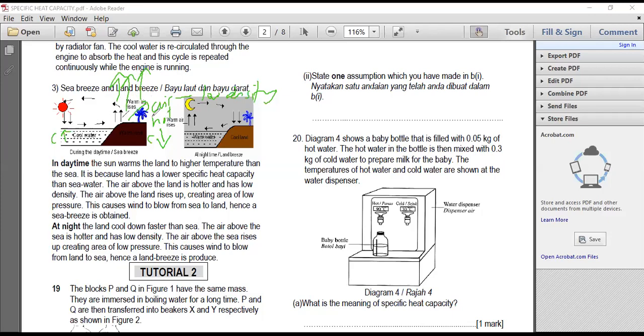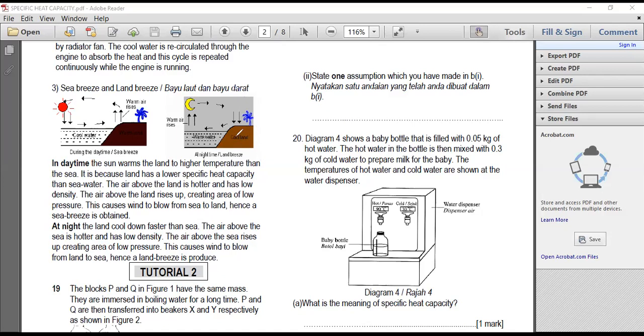Now during night time, what happens is the other way around. Water is hotter compared to land, because in the daytime, land and water absorb heat from the sun, but at night time they release heat. Same thing: lower specific heat capacity means it is easier to cool down.